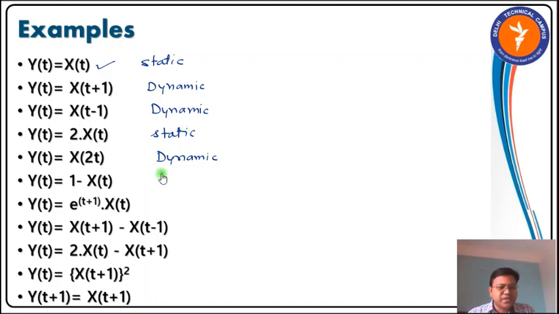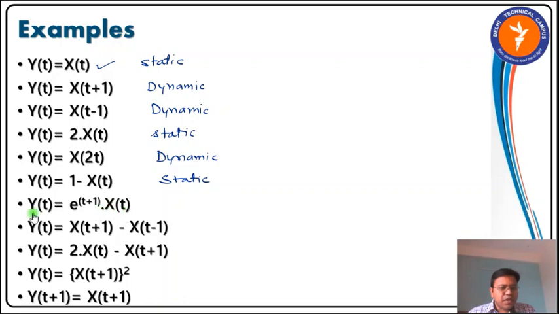I am just briefly discussing over here. Over here we have y(t) equal to 1 minus x(t). This means output is dependent on input, but the input is only a simple input. The time has not been scaled or shifted, so I will say the system is static.